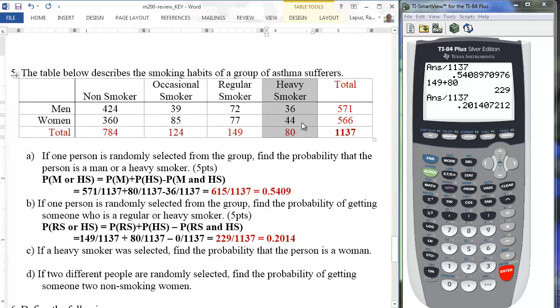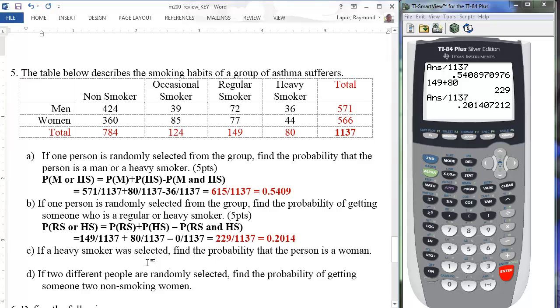And there are 44 of them who are women. So what we really have here is, what's the probability that we select a woman given that we're just selecting from the heavy smoker bunch. There are several ways to do this given the table.